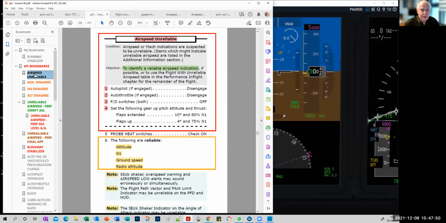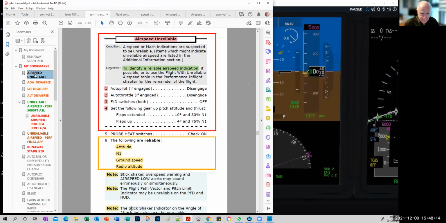Taking you here, you can't read the checklist until you've done the memory items. So you do the memory items. Basically, before you even open a book, if you're doing things properly under airmanship, if you get an AOA disagree or an IAS disagree, you go ahead and complete the memory functions.